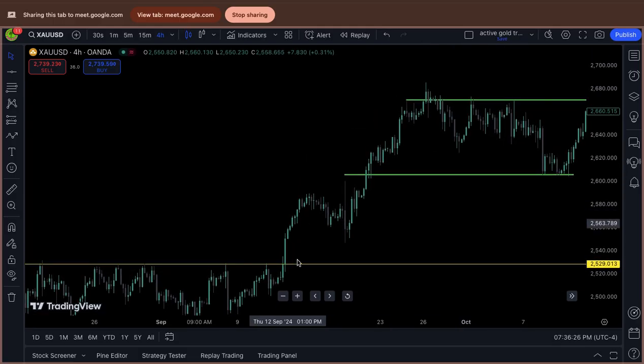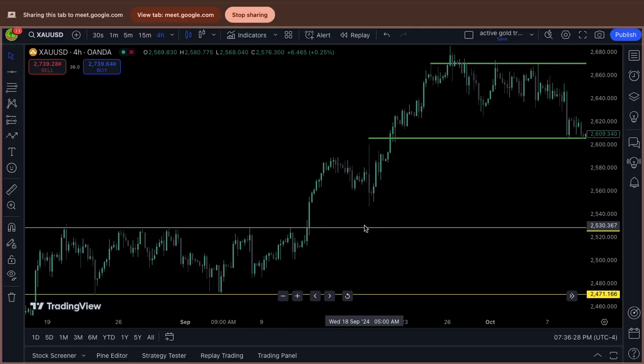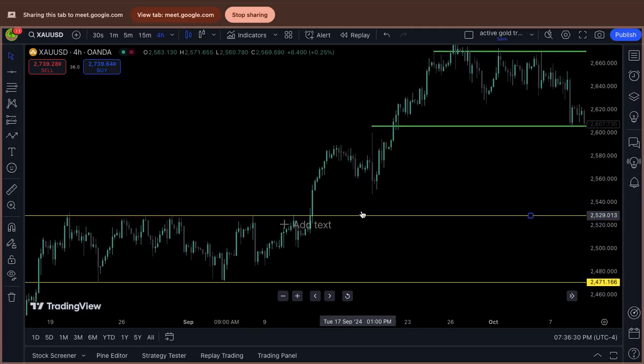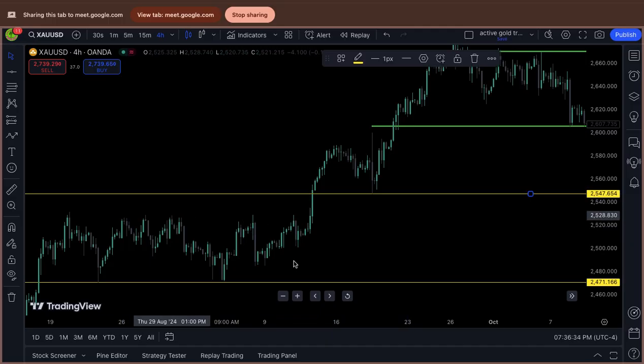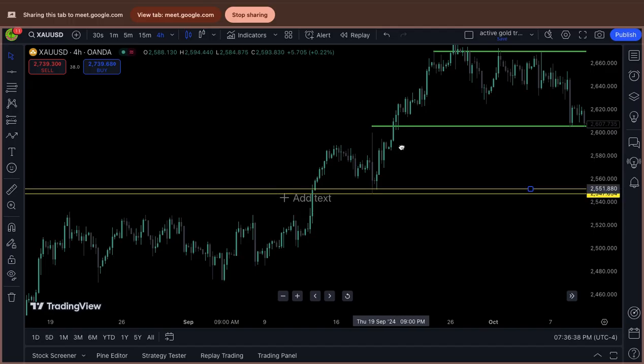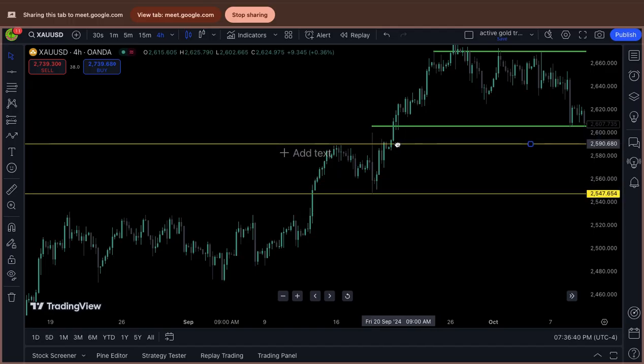So let me use the same two lines we have here. So the market comes here, so you miss this trade. It leaves here, you're looking for your entry and you didn't get it. Not a problem.